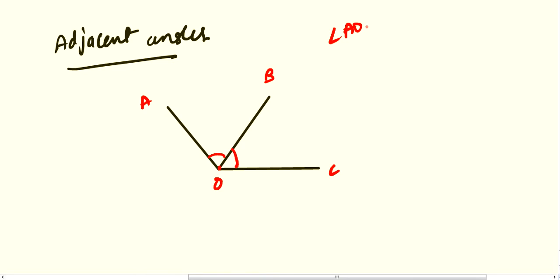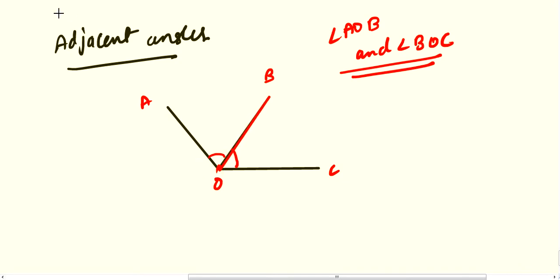So in this example, angle AOB and angle BOC are adjacent angles, the common vertex is O, and the common arm is OB.